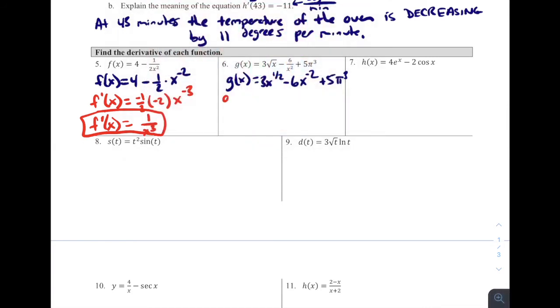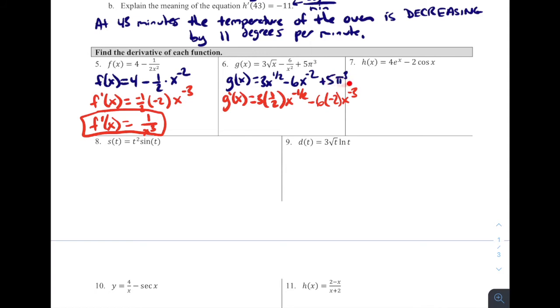Now I'm taking the derivative, so g prime of x is going to equal 3 times 1/2 x to the negative 1/2, minus 6 times negative 2 x to the negative 3, and then the derivative of 5 pi to the third is going to be 0. Even though this has an exponent on it, pi is a constant. So this whole term, 5 times pi to the third, is just a number, it's a constant, and we know the derivative of any constant is 0.